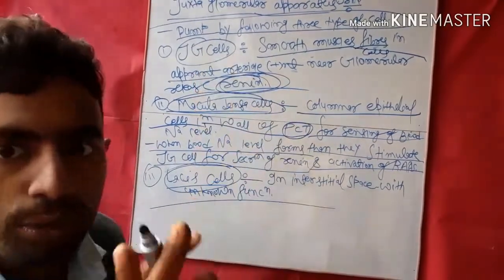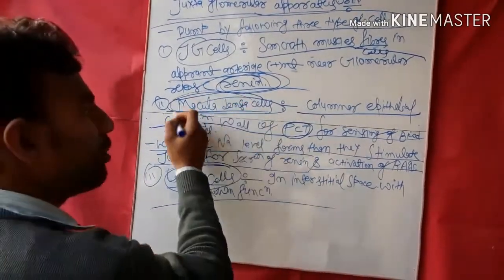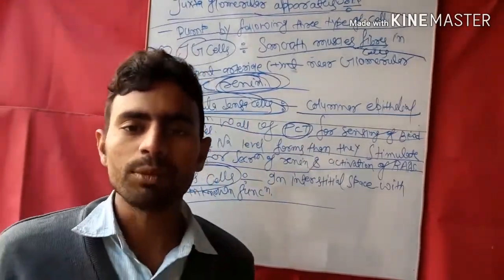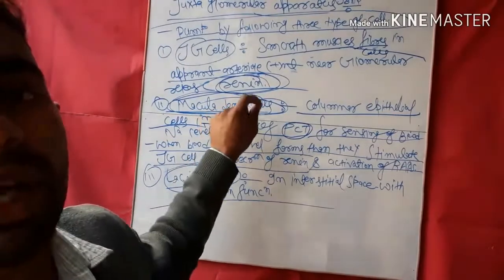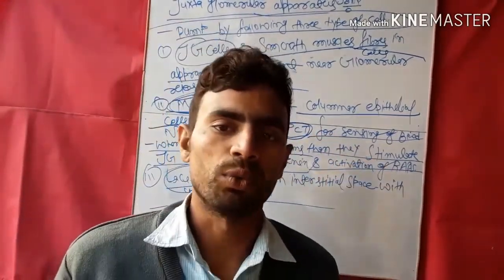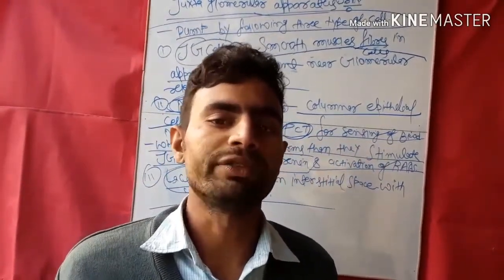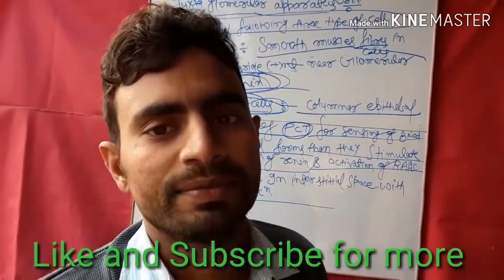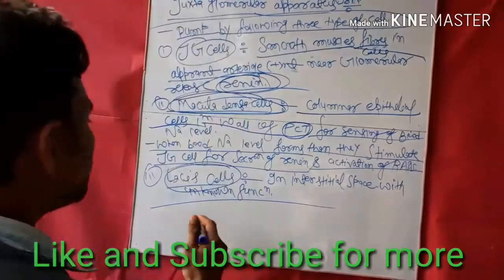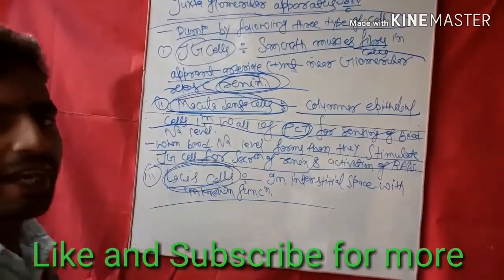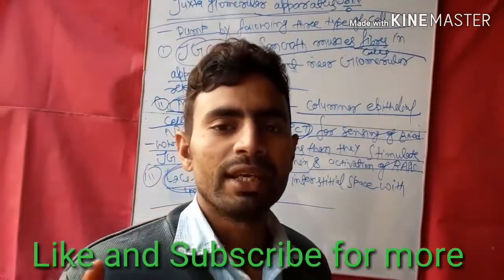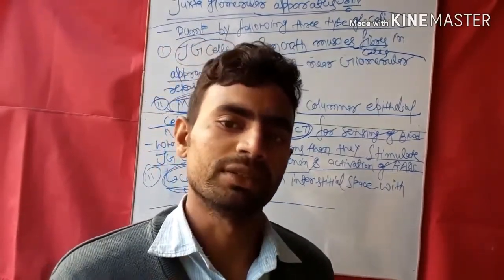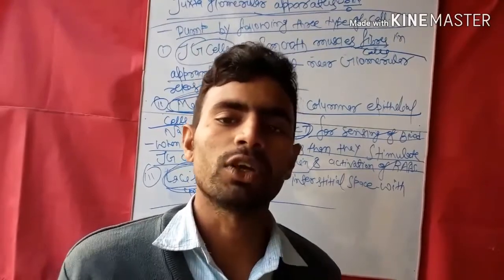Macula densa cells are present in the wall of the tubule, and their work is sensing of blood sodium level. Third, Lacis cells are present in the interstitial space, and this function is not known.